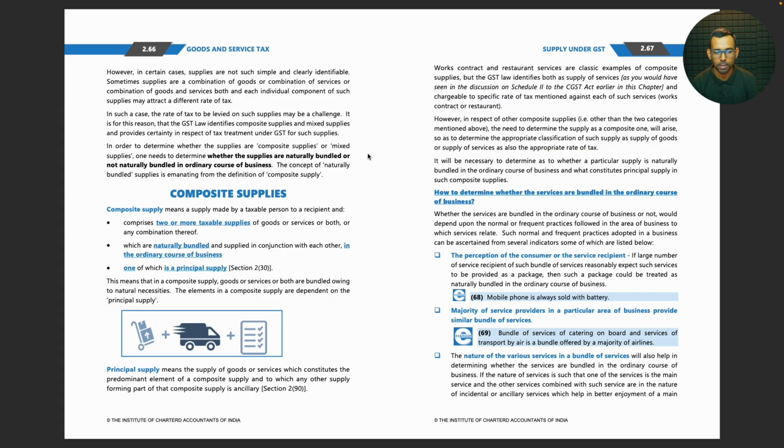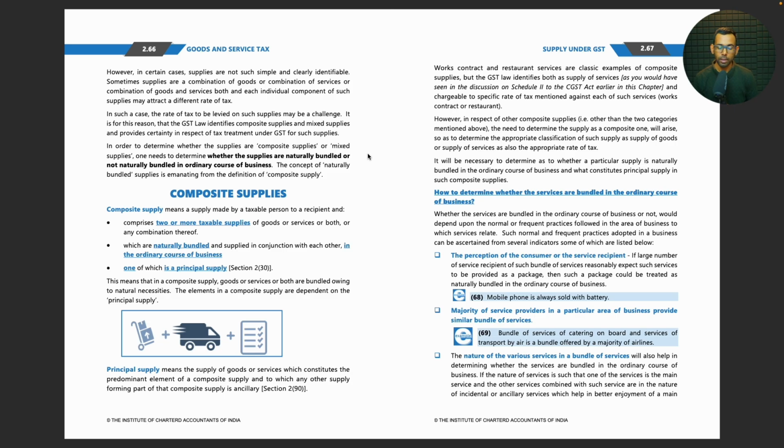Composite supply means a supply made by a taxable person to a recipient and comprises 2 or more taxable supplies of goods or services or both or any combination thereof, which are naturally bundled and supplied in conjunction with each other in the ordinary course of business, one of which is a principal supply.